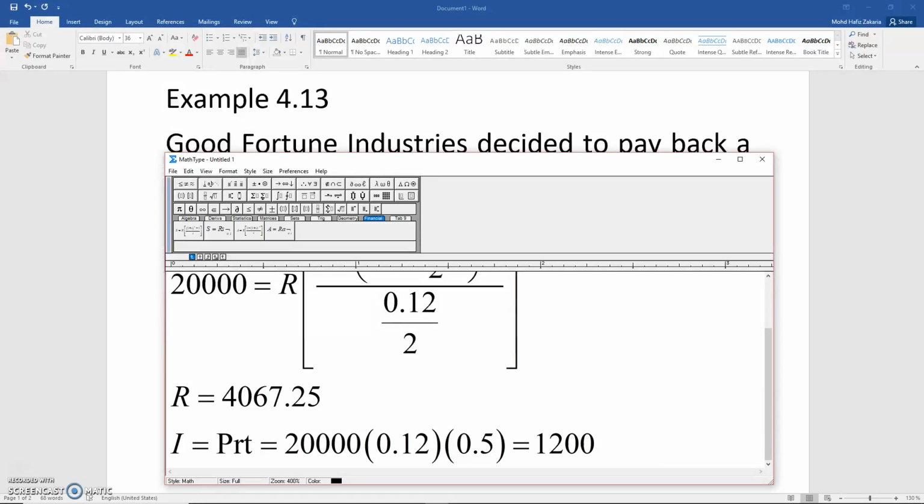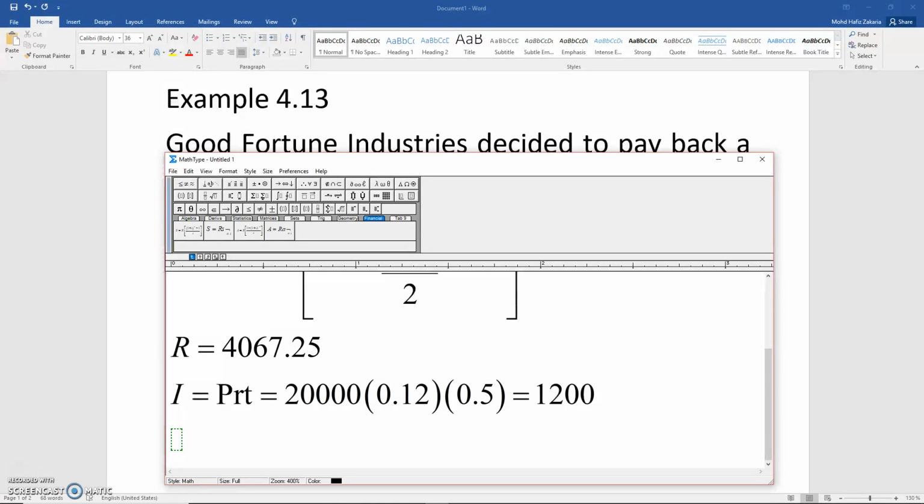So 1,200 is the amount of interest paid out of this 4,000. Even though you pay 4,067 ringgit and 25 cents, a portion of it, almost 1/3, which is 1,200, is paid to the interest.